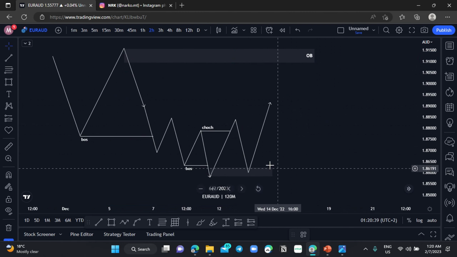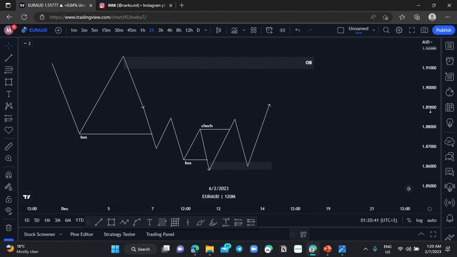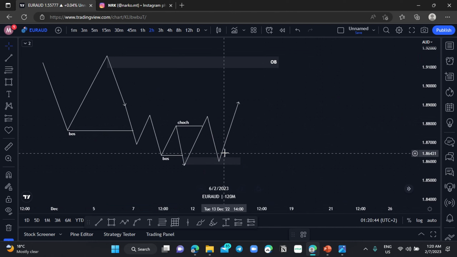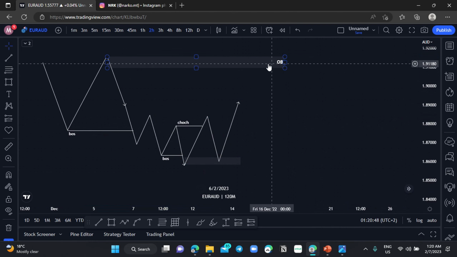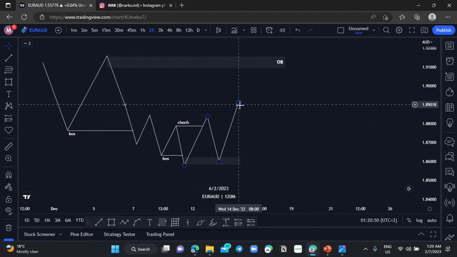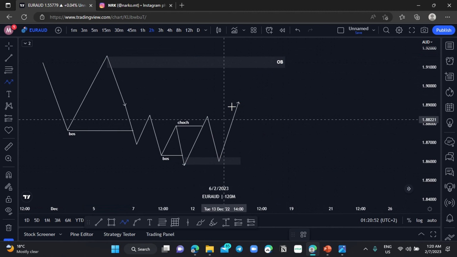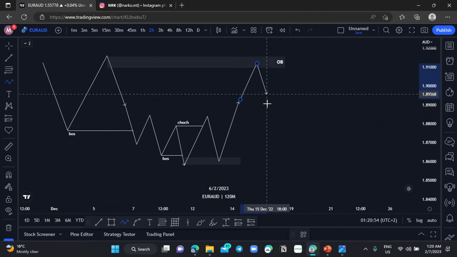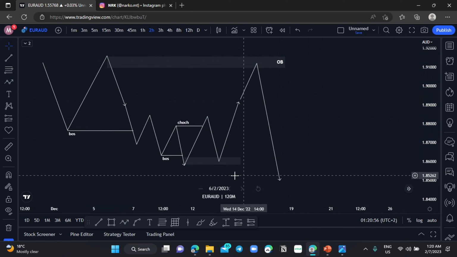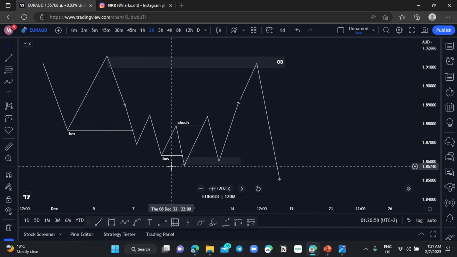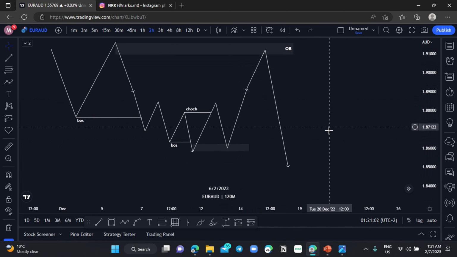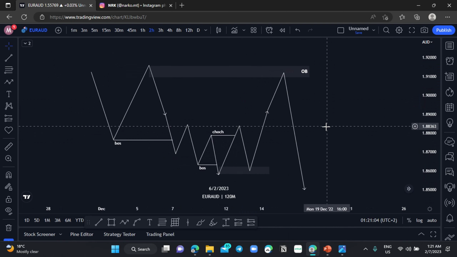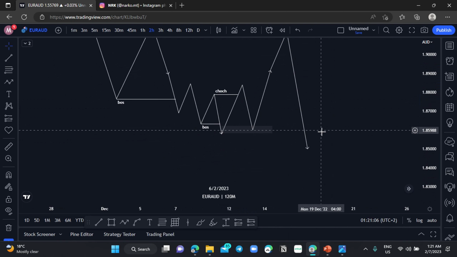So initially, when you take your trade here, you are looking to take your profits just below your order block, so that when price reaches your order block, you take your selling opportunities to the downside and take your profits at this low.